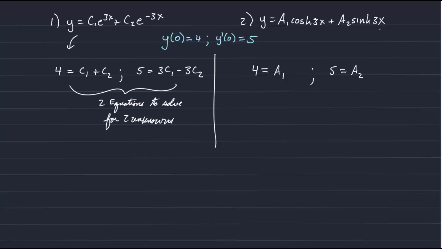And the derivative of sinh will give us a cosh, and that evaluated at x equals 0 is a 1. And so you can see that this gives us our constants, and it's immediately found from the initial conditions. There's no additional steps to take to solve these like you would in the first case.